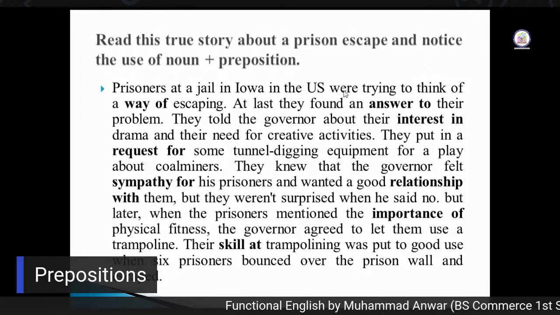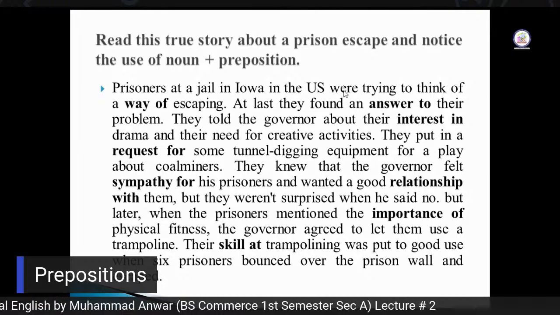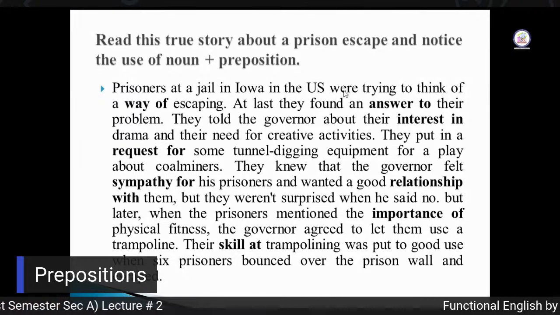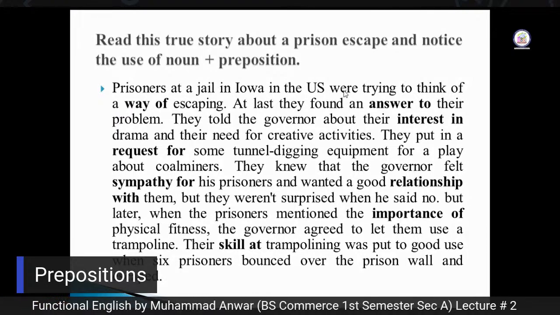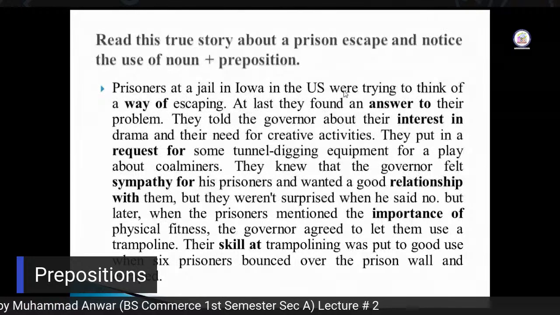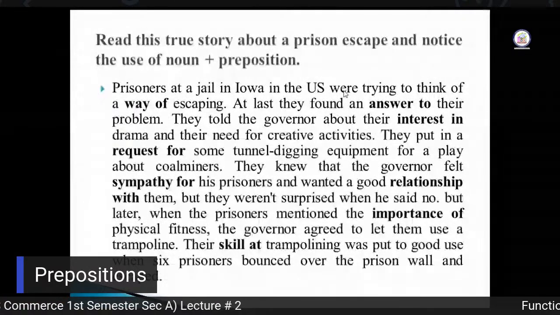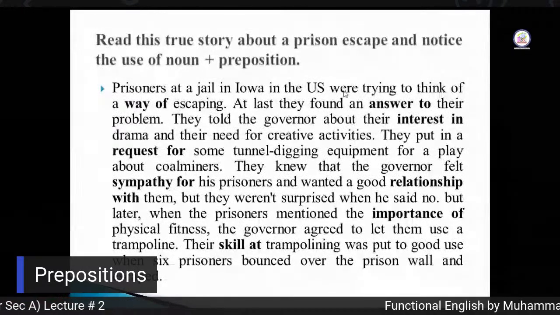they knew that the governor felt sympathy for his prisoners, sympathy for, and wanted a good relationship with them. Relationship with. But they weren't surprised when he said no. But later, when the prisoners mentioned the importance of physical fitness, the governor agreed to let them use a trampoline.